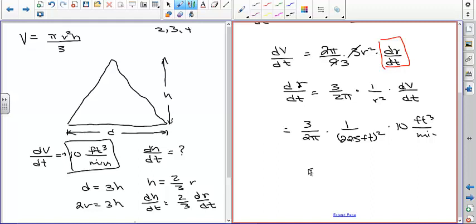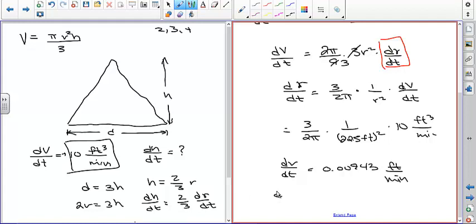So 3 times 10 divided by 2 divided by pi divided by 22.5 squared is dr/dt, which is 0.00943 feet per minute.